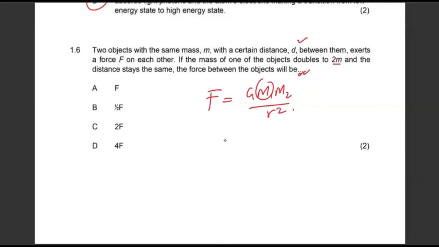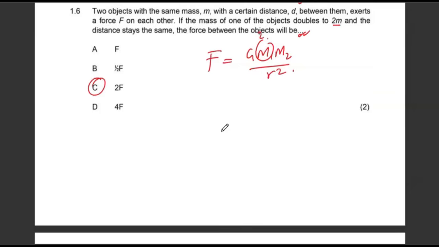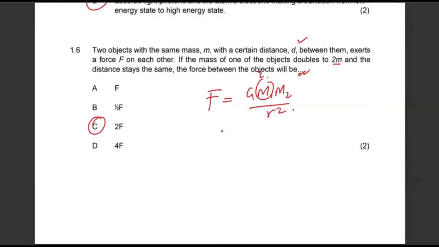If you change this by 2, the entire force is going to increase by 2 also. So option C would be the best. If it was the distance that was doubled, then the force would be a quarter. If both masses were doubled, then the force will be 4F.